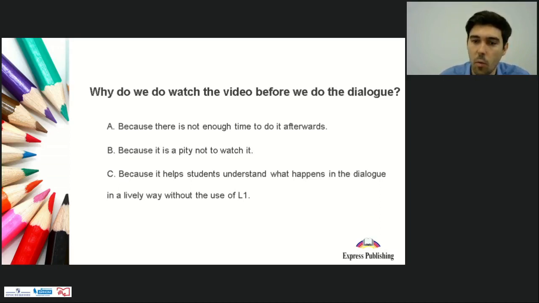The students, by watching the video, can gain a general understanding of what's going to happen throughout the dialogue. So they're exposed to the language without using their L1. They can quite easily follow the video that will provide some English exposure, and they'll be able to see what's going to happen in the rest of the dialogue.